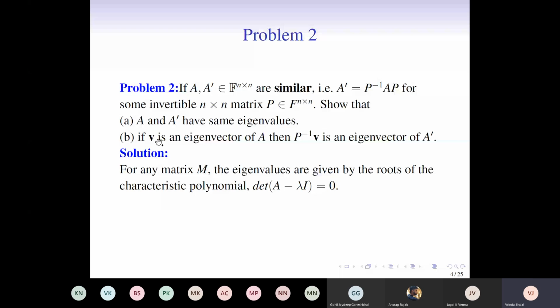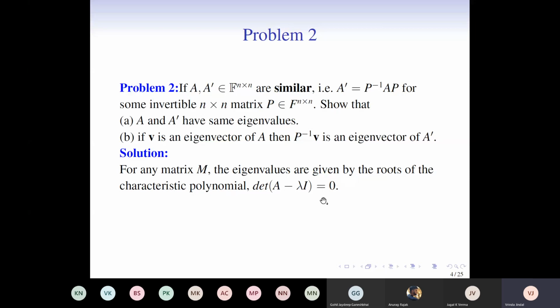So we begin by solving the first problem. For any matrix M, let's get an idea of how we'll go about proving A. The eigenvalues are given by the roots of the characteristic polynomial. And what is the characteristic polynomial? It is basically the determinant of A minus lambda I, and we equate it to 0.